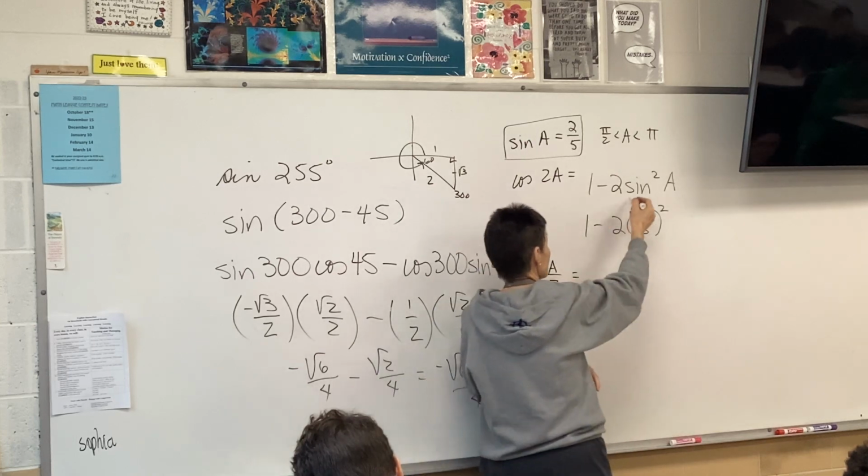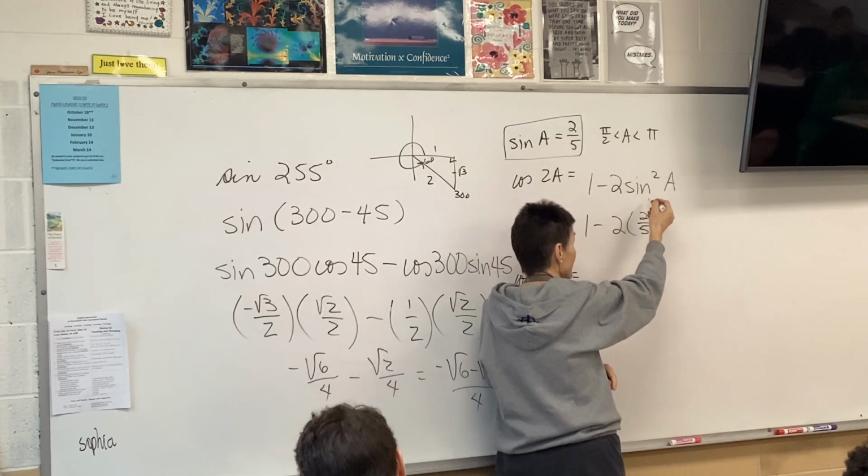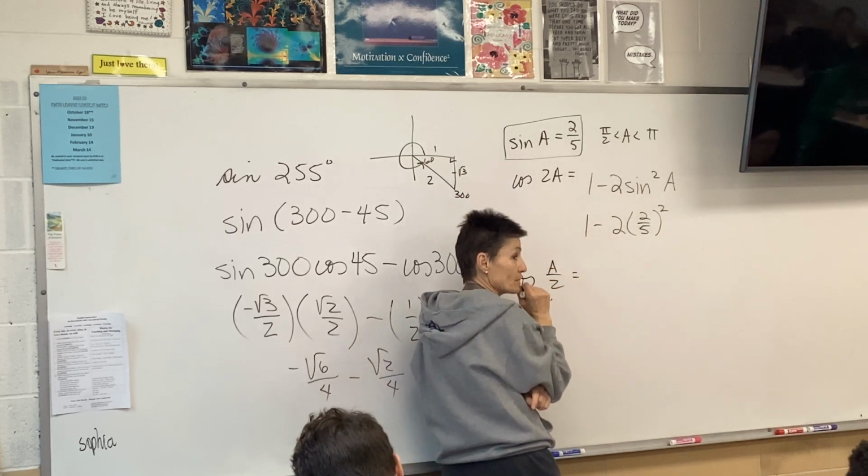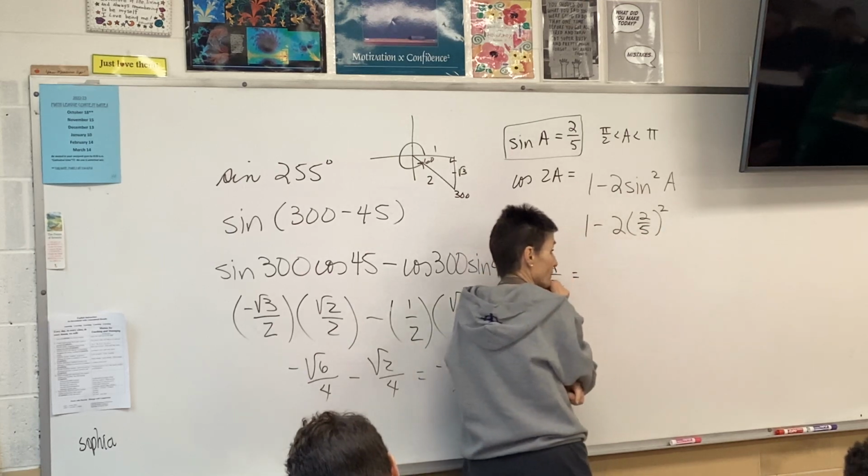Now notice, this means the sine is being squared. So it's 2/5 being squared.